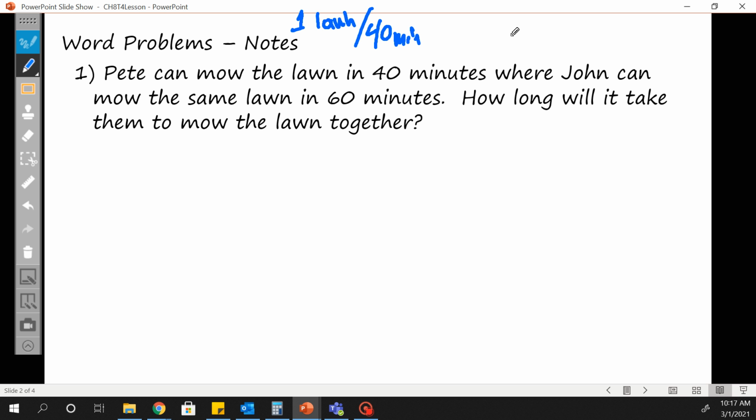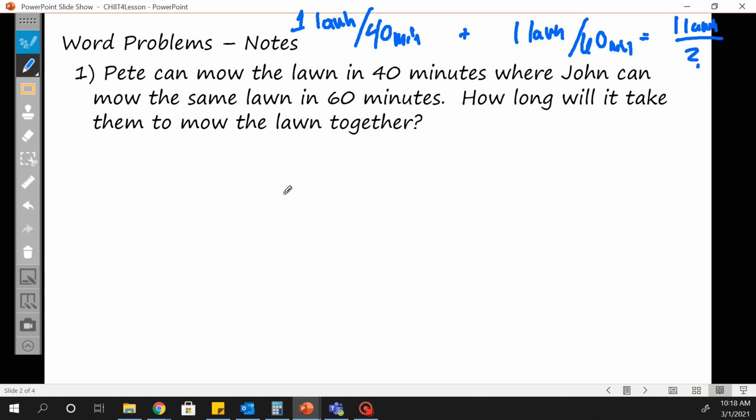And John can mow one lawn in 60 minutes. And if they do it together, we want to know how long will it take them to mow the lawn together. So in other words, for one lawn, how long will it take?